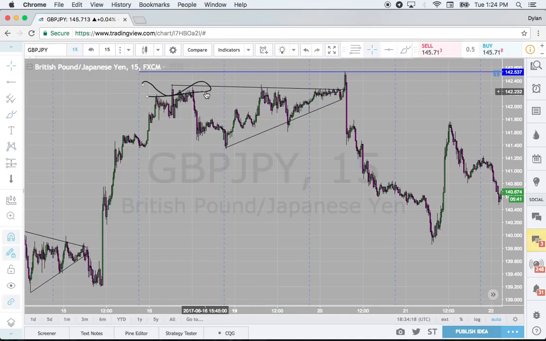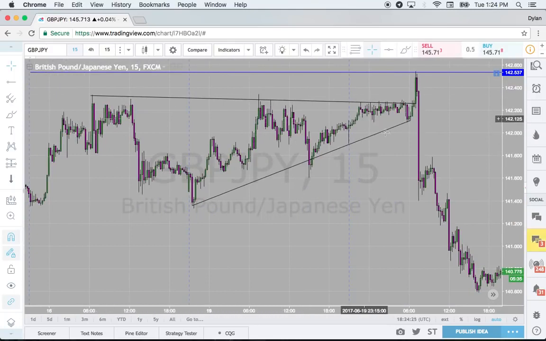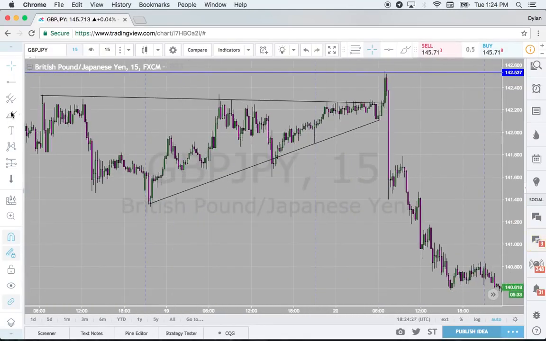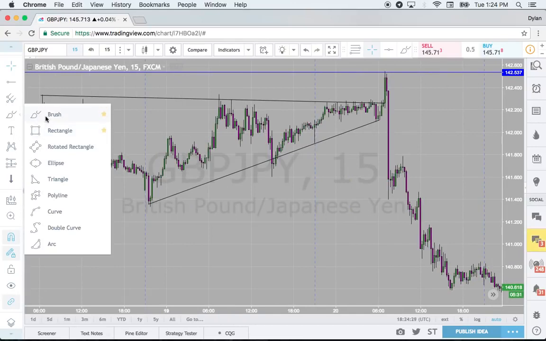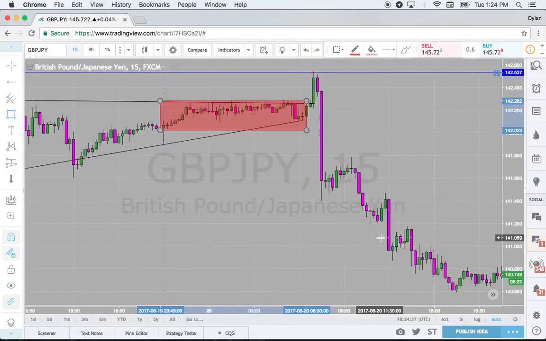I'm just gonna stop drawing on these candles because it's messing it up. So we can see that wedge formation as well. The tip of the wedge, what do you know? Asian session. Breakout in one candle.